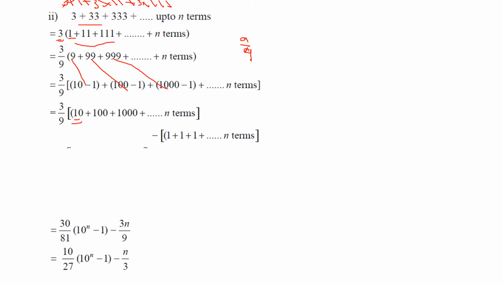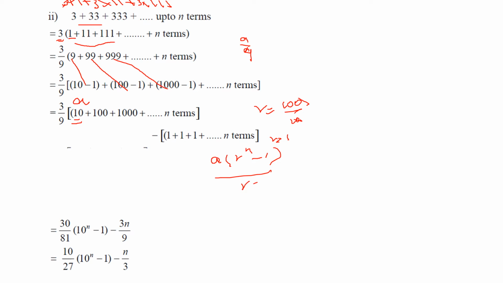What is a? 10. What is r? 100 by 10, that is 10. So here r is greater than 1, 10 is greater than 1. So you use the formula a into r power n minus 1 by r minus 1.